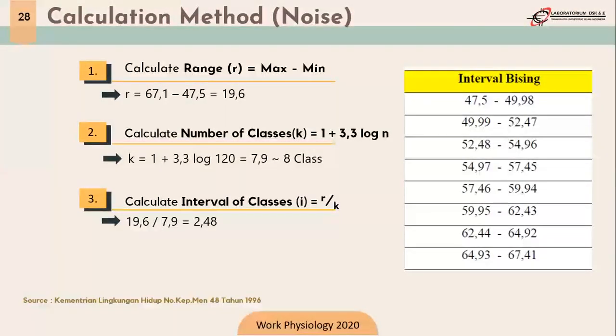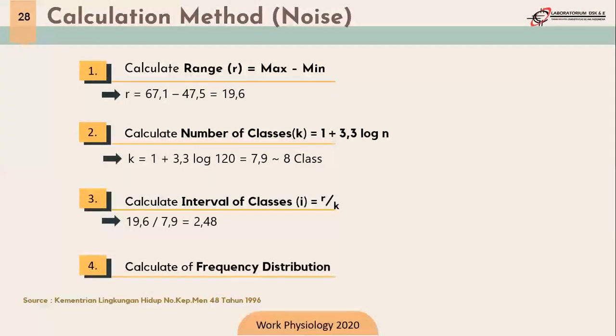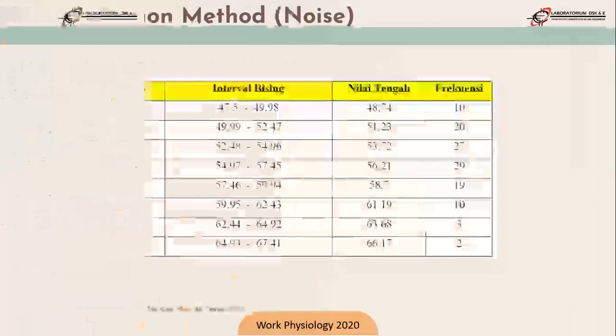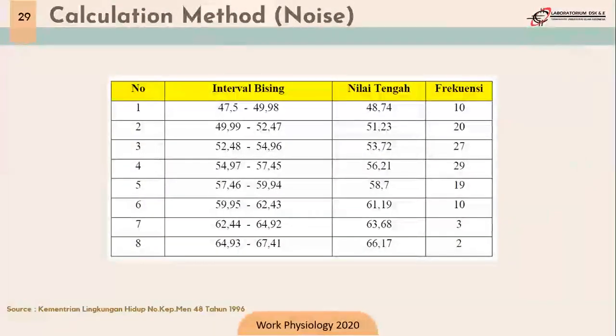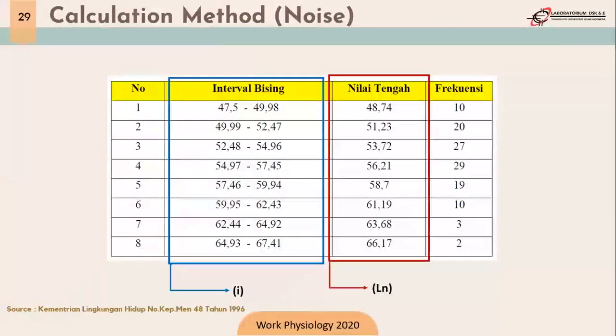After that, we can calculate the frequency of each distribution, like this table. Okay, from this table we can know the interval value, then the median value of each interval is named Ln, and the frequency of each interval is named Tn.